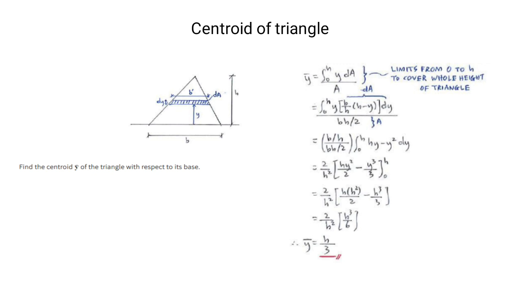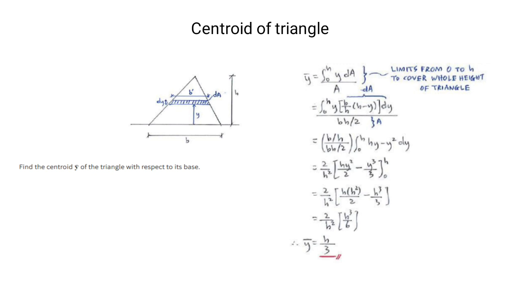Now we find the centroid of the triangle, y bar. So y bar is equal to the integral of 0 to h of y into dA divided by capital A, which is equal to the integral of 0 to h of y into b divided by h into h minus y into dy, divided by the area of the triangle, bh divided by 2.